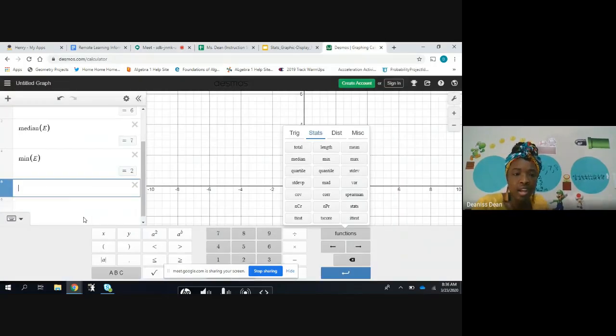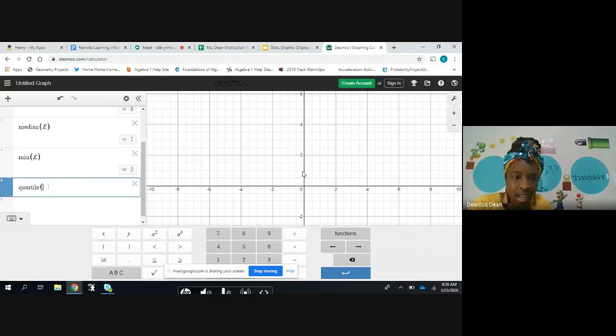If you want to find a quartile, you could just choose quartile, all right? And this is a little different. If you want to find quartile 1, you would have to do, come on. You have to put the list in first and then number 1.